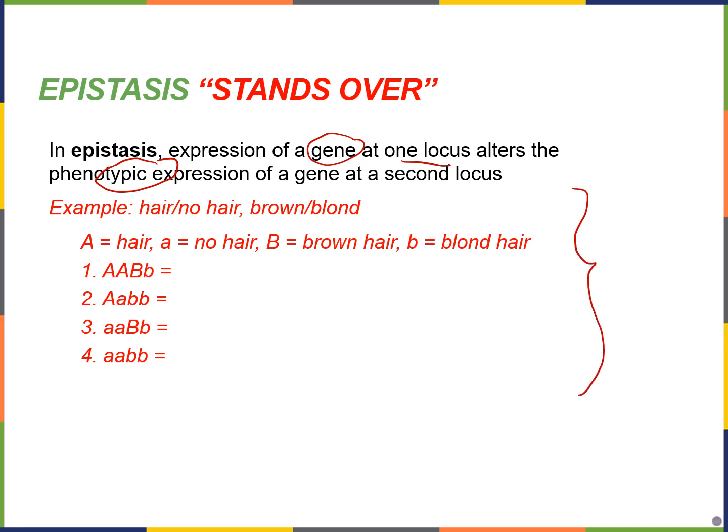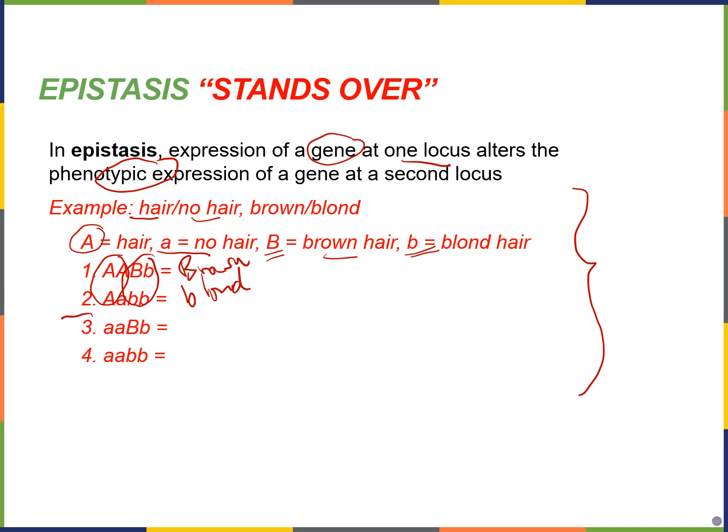So let's say A tells you if you have hair, big A. If you have small a, you have no hair. And the allele B, if you have big B, you have brown hair. If you have small b, you have blonde hair. So I know anyone with at least one big A is going to have hair, and then the second set of alleles will tell me what color. So this one will have brown hair, and the second one will have blonde hair.